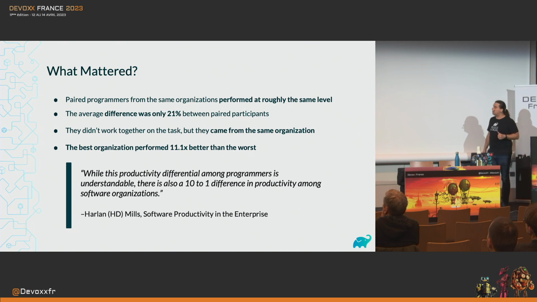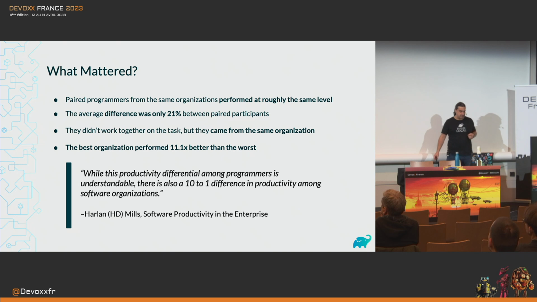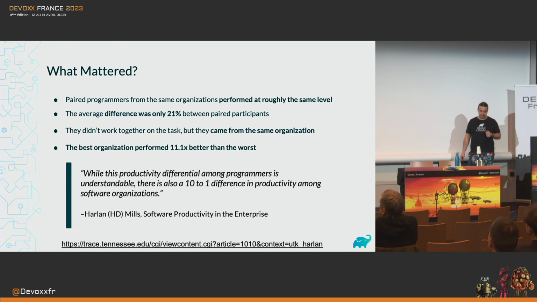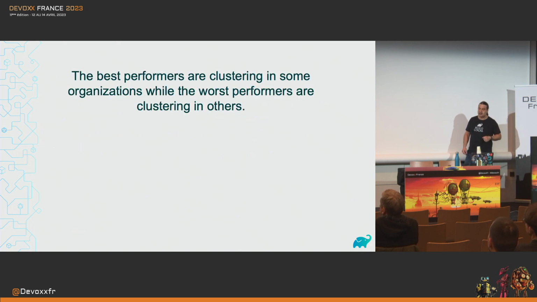So Harlan Mills, a computer science teacher, actually in my state of Florida in the United States, basically summed this up with: while this productivity differential among programmers is understandable, there's also a 10-to-1 difference in productivity among software organizations. And again, you can see that study. So what conclusions were drawn from this?